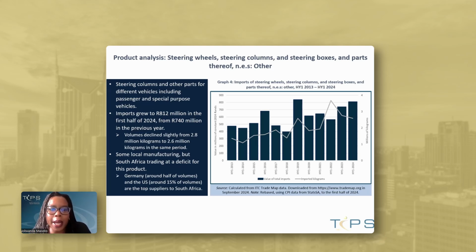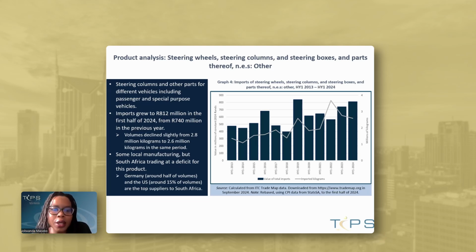There was a slight decline in the volumes from almost 3 million kilograms to about 2.6 million kilograms over the same period. Although there are local manufacturers of auto components in the country, including steering wheels and steering columns, we generally trade at a deficit, with Germany and the US accounting for the bulk of the imports we get into the country.